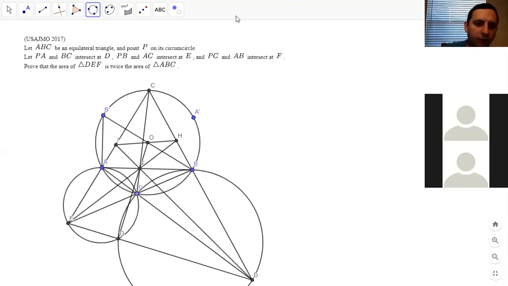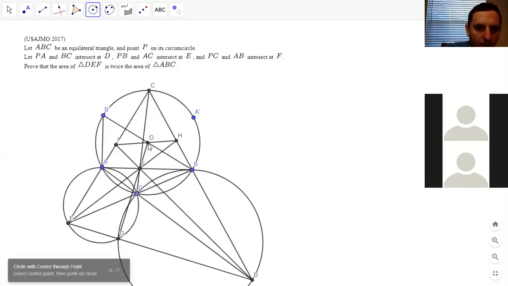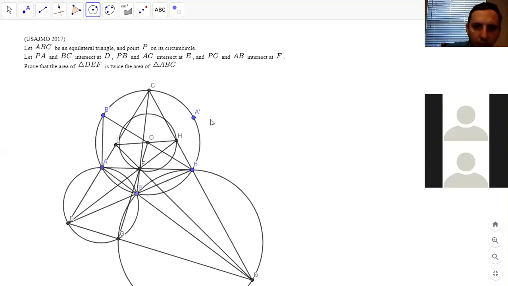And I wonder if OH is equal to OI. I don't think so, but that would be interesting. Yeah, it's not true. If we can show IPB is 90 degrees, then that would mean I, O, and H are collinear. I don't even know if that helps for this problem.